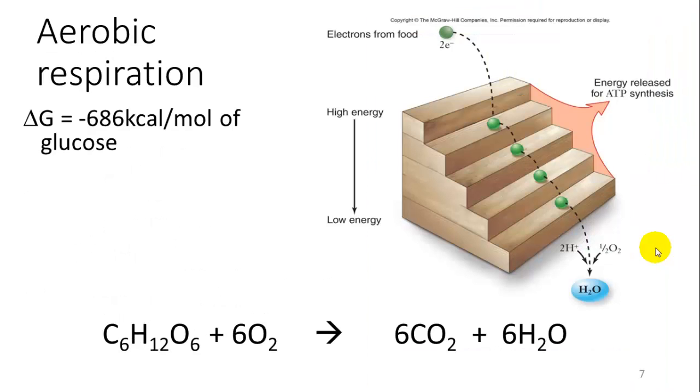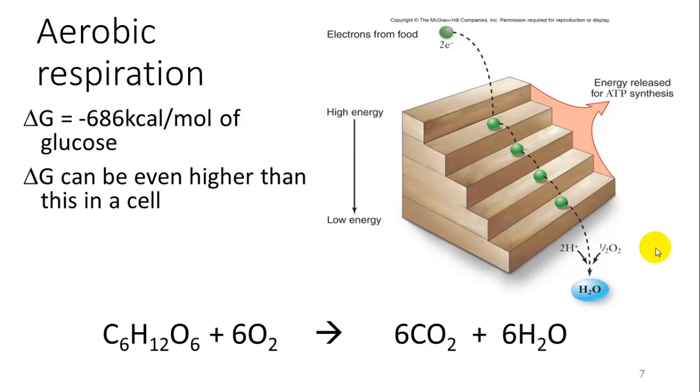So in aerobic respiration, one glucose molecule has enough free energy, 686 kilocalories per mole of glucose. Okay, that's the free energy. And it can be even higher than this in a cell, in an enclosed environment.